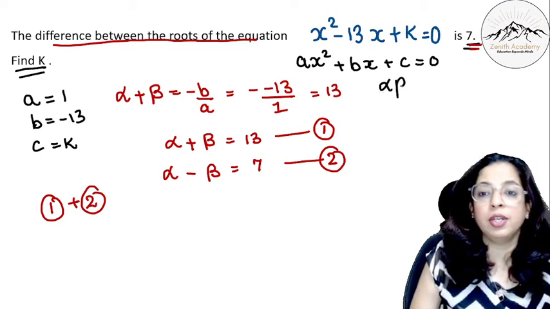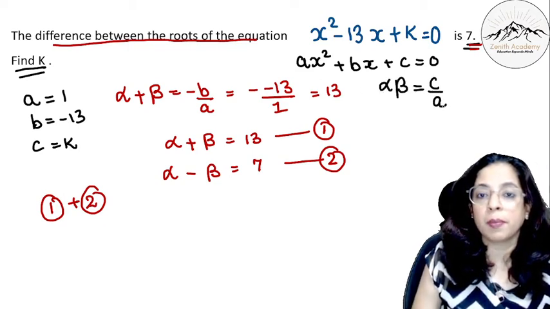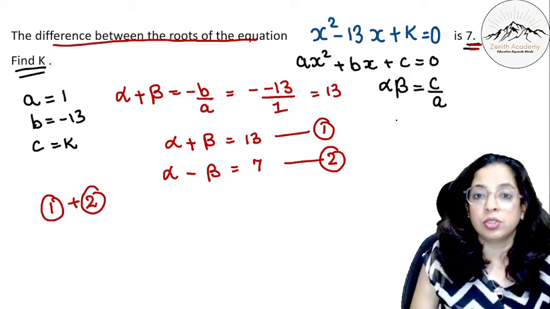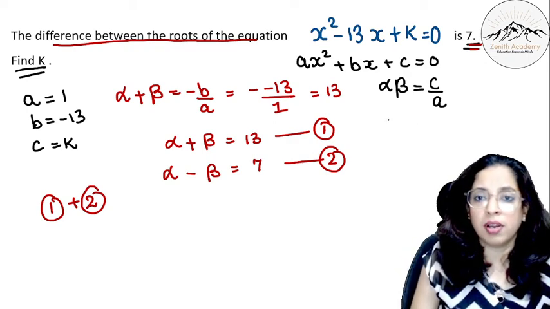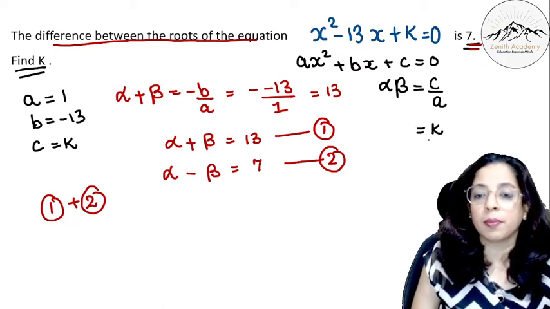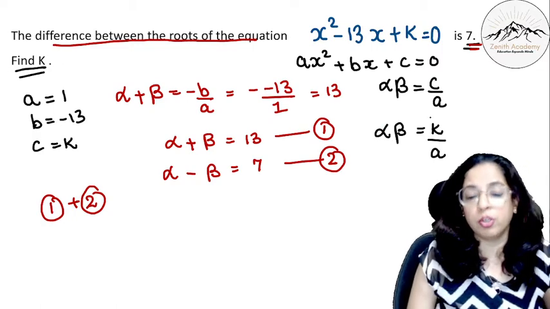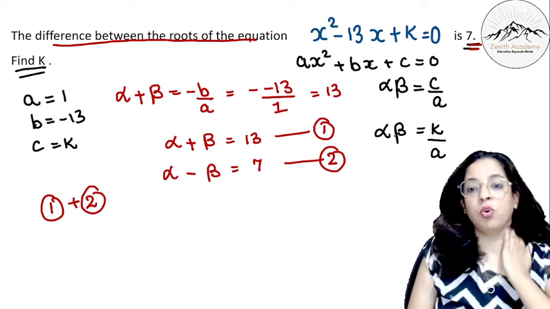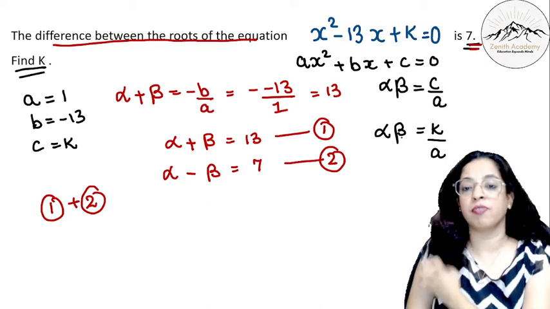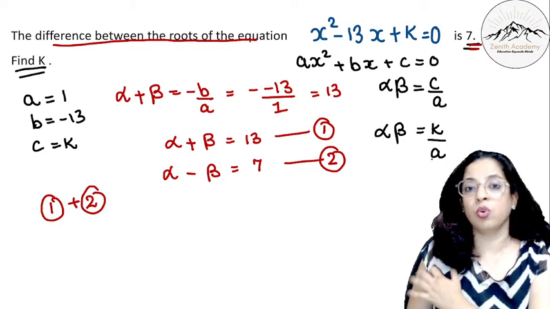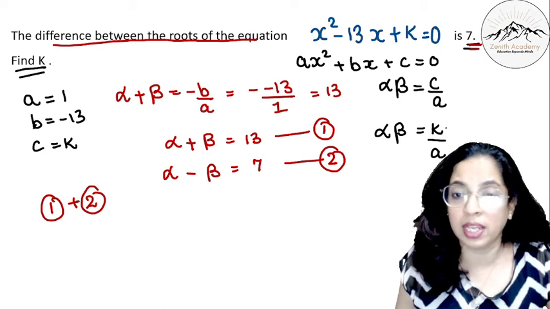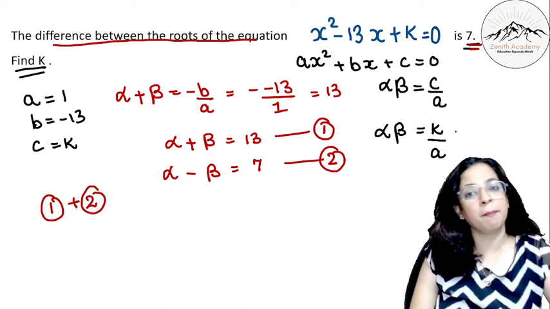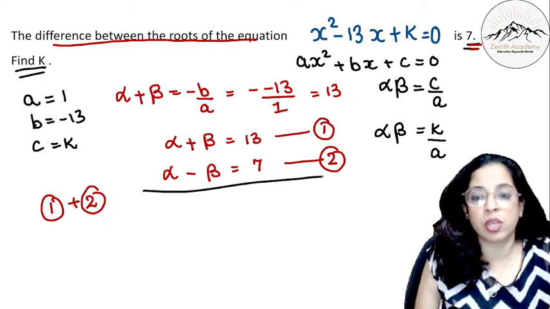Alpha into beta is c by a, and c is k, so k by a will be equal to alpha beta. Later on we will make use of this. First let us find the values of alpha and beta. If we know them, we will put them here, and since a is equal to 1, we will be able to find the value of k. So let's add these two equations.